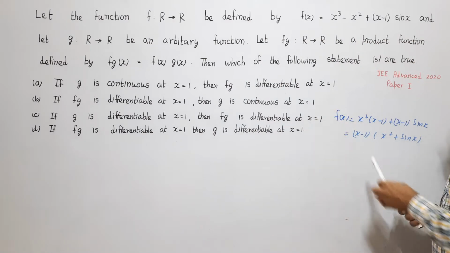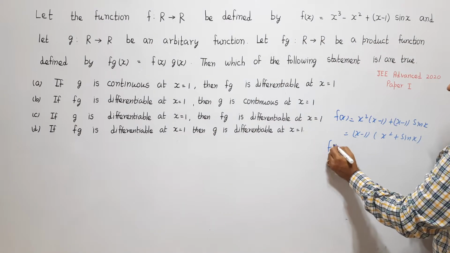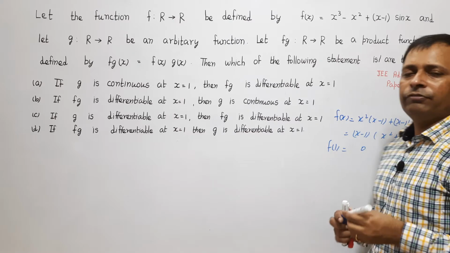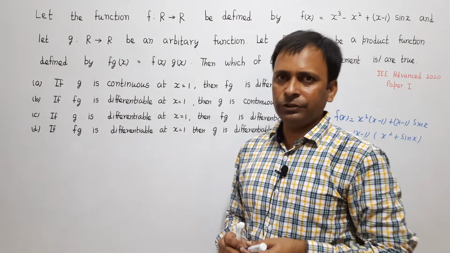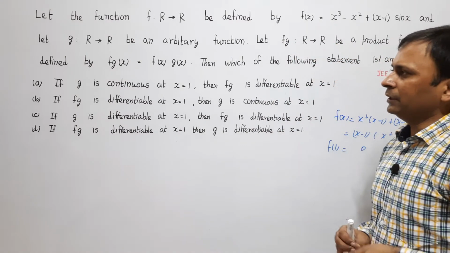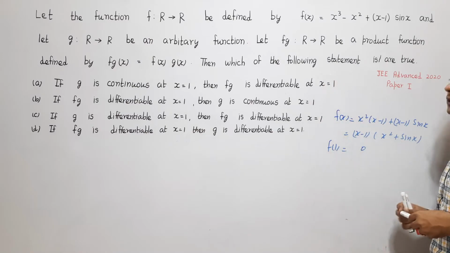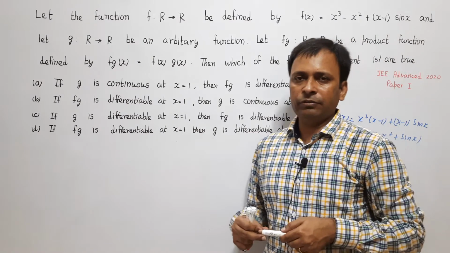Secondly, they are asking about x equal to 1. If I calculate f of 1, because of this x minus 1, f of 1 is equal to 0. Now in the first option they are saying if g is continuous at x equal to 1, then f into g is differentiable at x equal to 1.